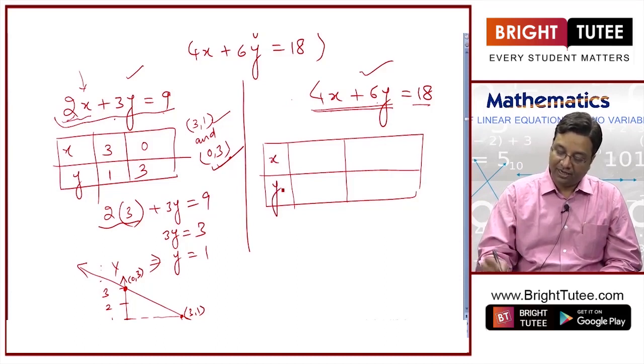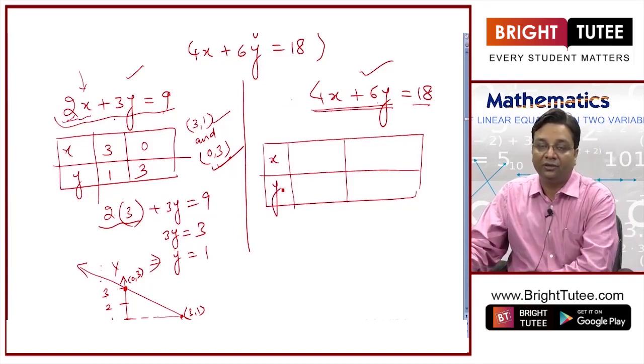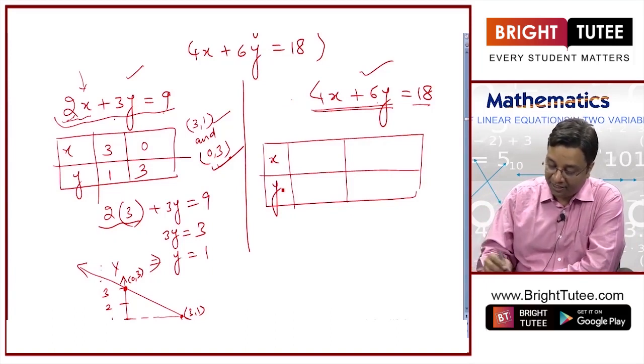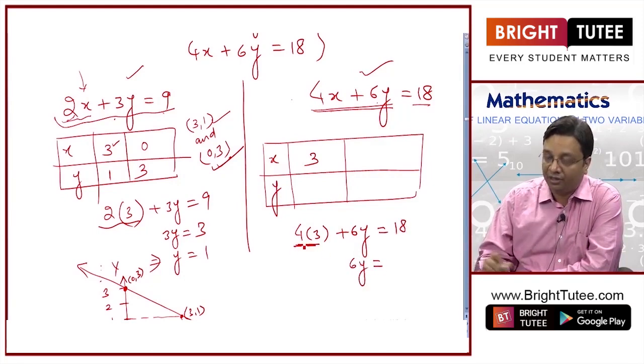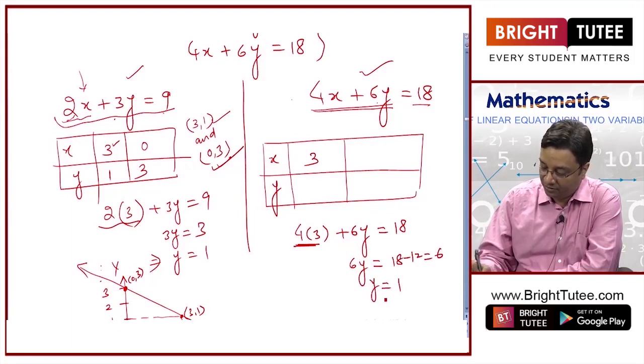I have told you this because of the points that we are going to get here. If I put x equal to 3 here, I will get 4 into 3 plus 6y equal to 18. So 6y is equal to 18 minus 12, which is 6. So y is equal to 1.